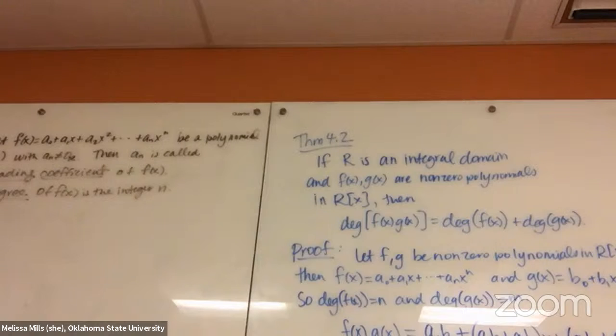Oh yeah, maybe that's it. I was thinking of them both being 0, but I think you're right. They have to be non-zero because if one of them were 0 and one of them had x's, it would break. Yeah. Okay, thank you. That helped.